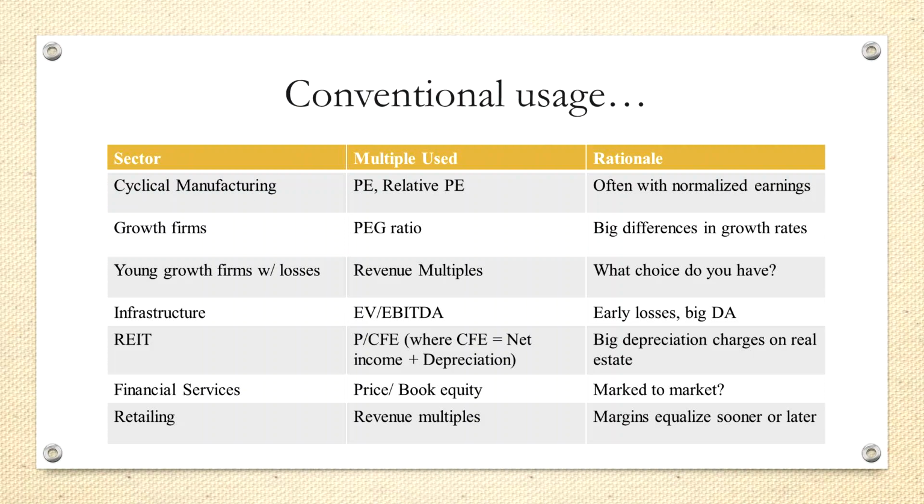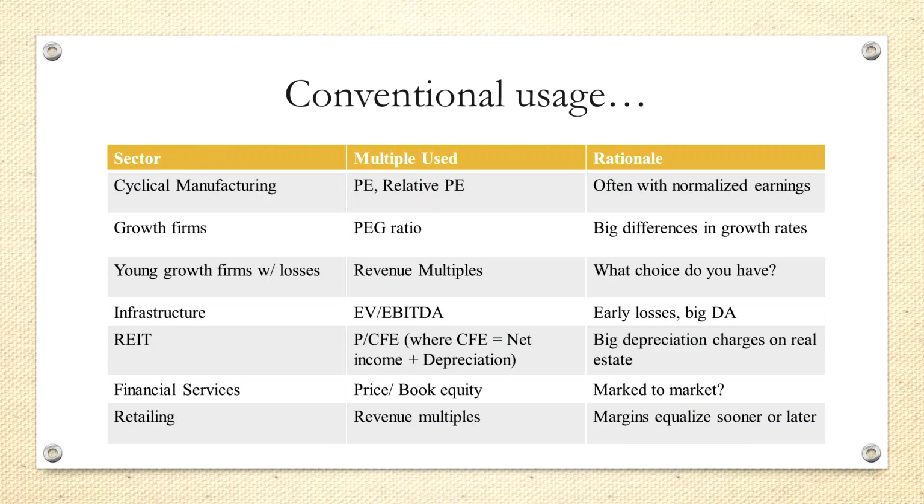And for growth companies, when you use the PE ratio, you need to be very careful. Therefore, you need to focus on the PEG ratio, because of the huge impact of the growth rate on the PE ratio.